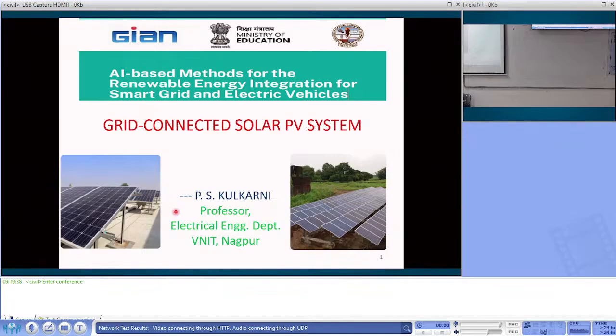Technical parameters include performance ratio, capacity utilization factor, determination of the final yield, array yield, reference yield, and so on. In economic analysis, one has to cover life cycle costing because the panel life is 25 years, and the output from the plant will not remain the same.